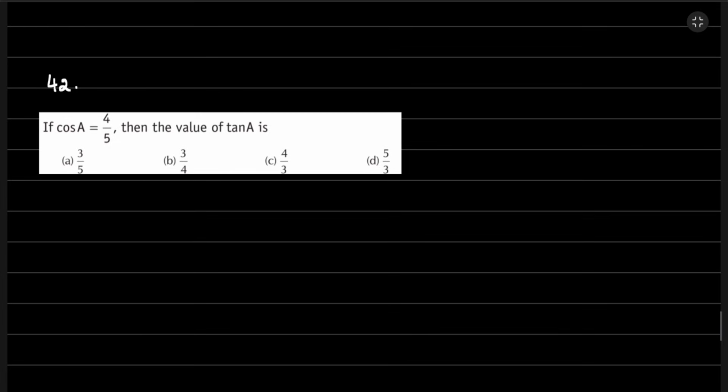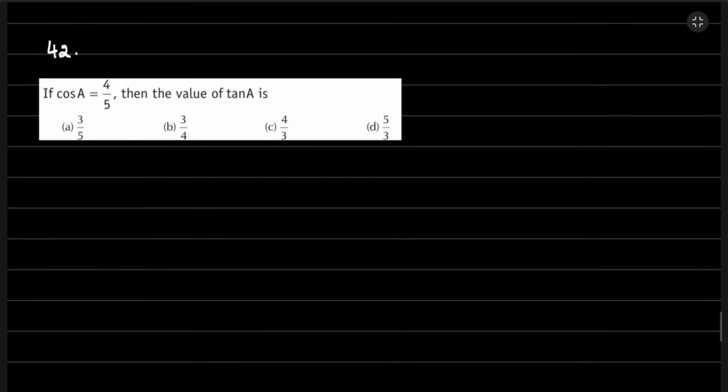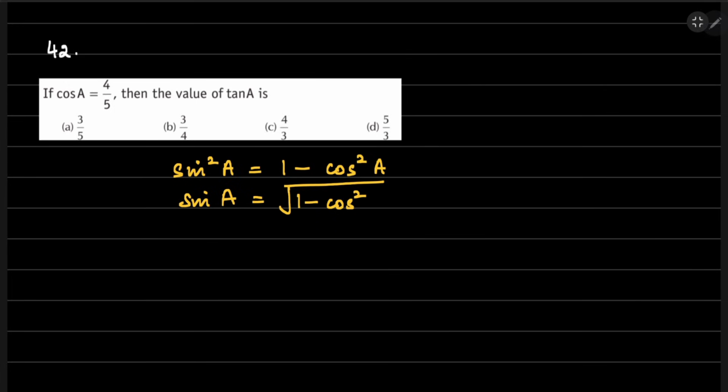42. If cos A is 4 by 5, then the value of tan A is equal to? Let us use the identity. What is sine square A? It is equal to 1 minus cos square A. So sine A will be equal to root of 1 minus cos square A. Cos A is given to you. Just substitute: root of 1 minus (4 by 5) the whole square.